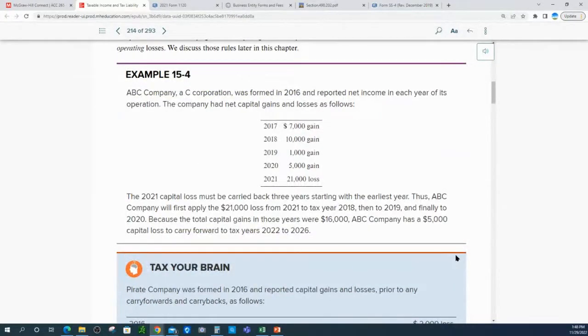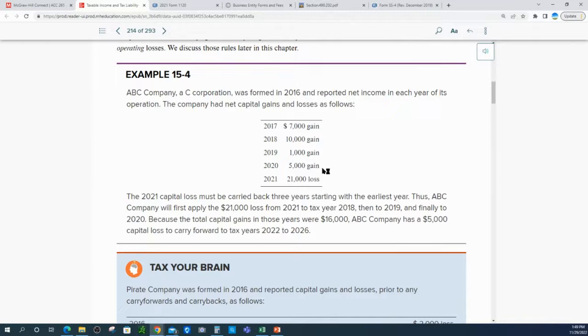So we've got ABC Company, formed in 2016, had net income in each year of its operation. So that means they wouldn't have taken any capital loss in any year. So this $21,000 loss can't offset any negative income.